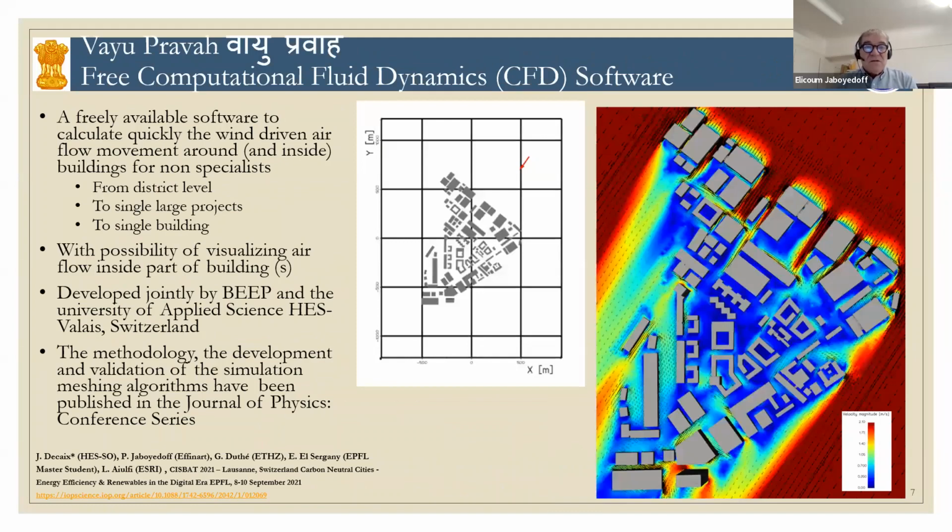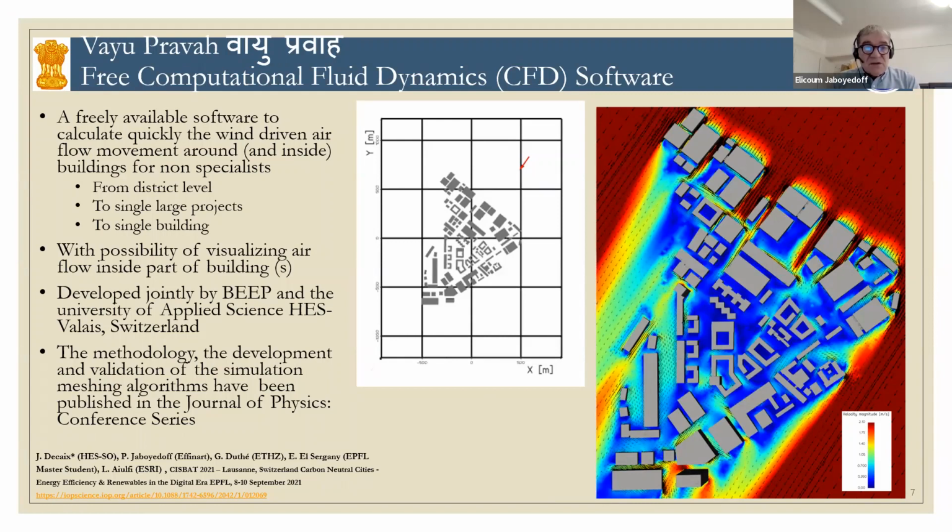So now if we look at the possibility of the software starting from a district level, it is possible to simulate airflow in a given direction and a given speed around buildings in a district. Here it's an example of a Swiss town, part of a Swiss town, where a whole district has been assessed for the wind with this software.